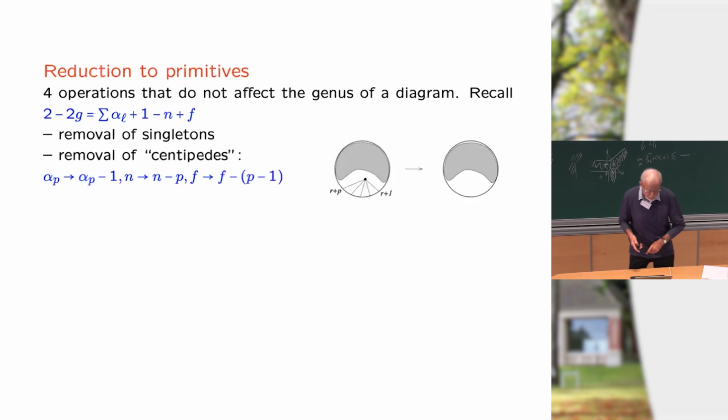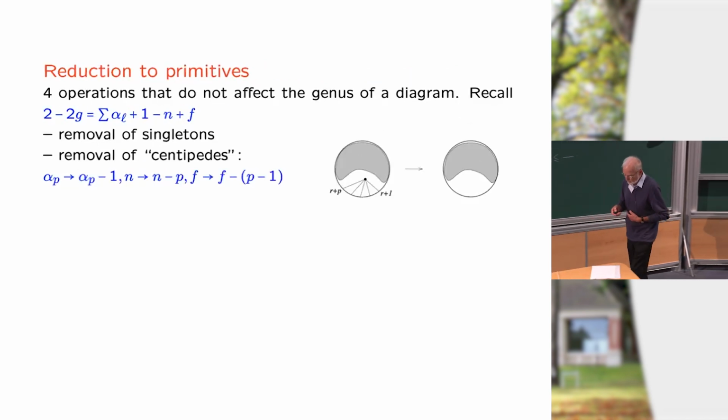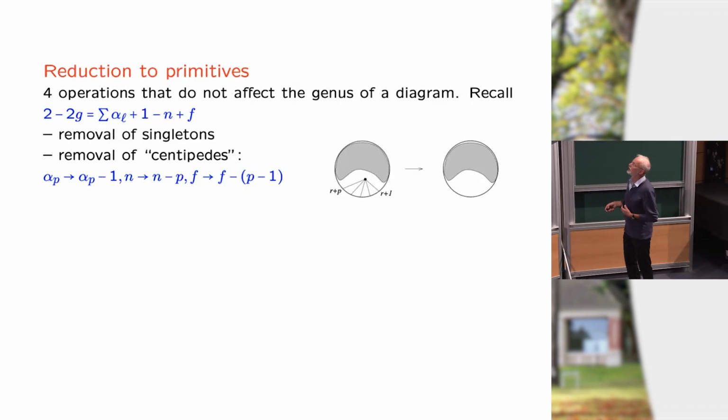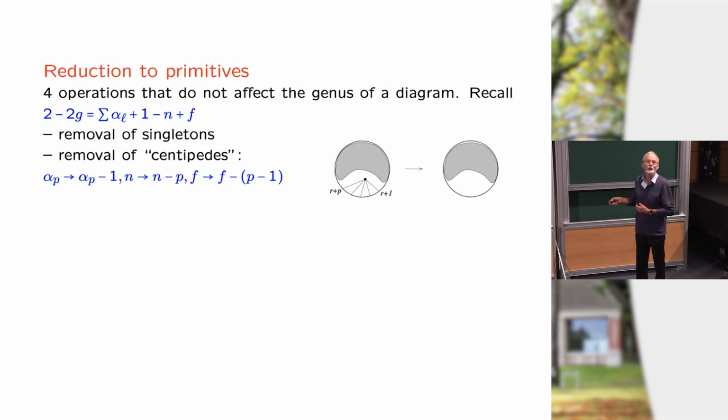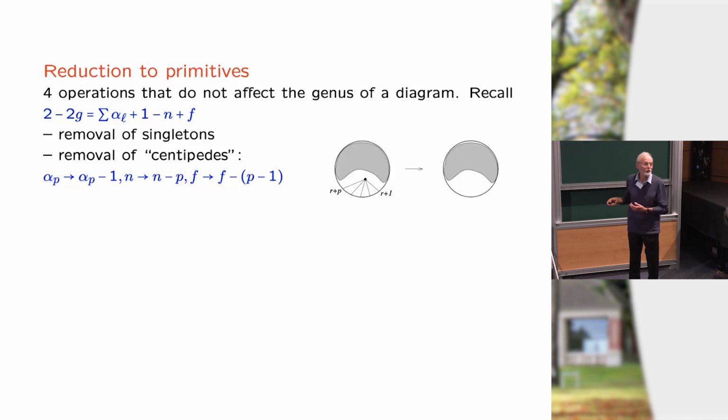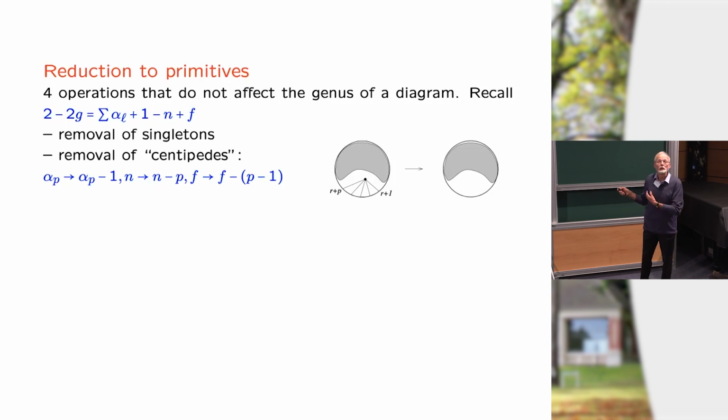Less trivial is the next step, which is to remove what are called centipedes. Namely, what I call centipede, it's certainly not a canonical word, it's a word that I introduced. It's an insertion of genus 0, some pattern like this, with p consecutive edges attached to consecutive points of the circle.